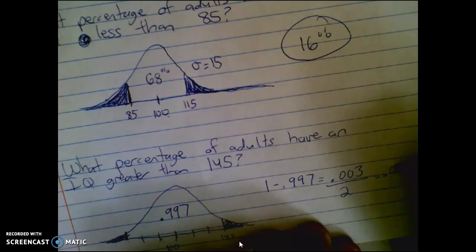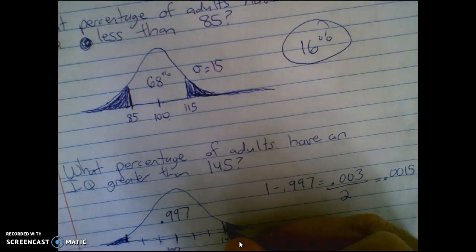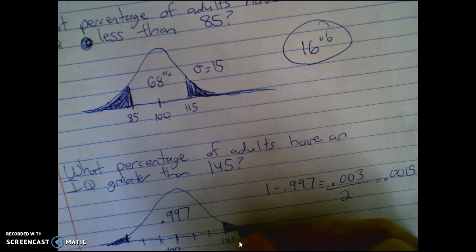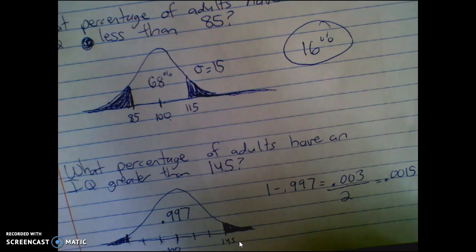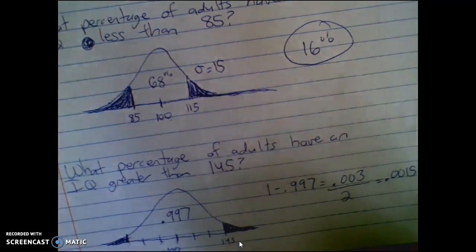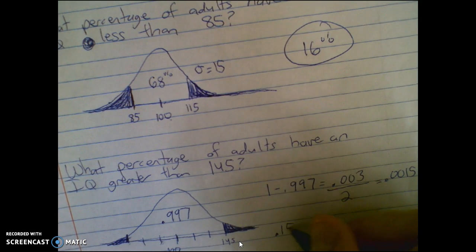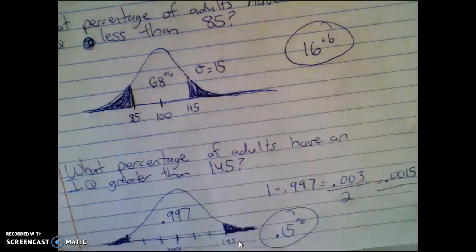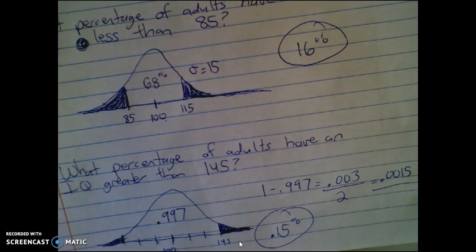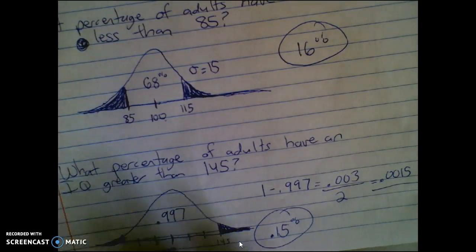So that is 0.0015, which is the proportion of adults who score above 145, which in some cases is considered to be a genius. That would be 0.15%, or you could just leave it as the decimal. Again, I'll use them interchangeably. So that's the percentage of people who score above 145.